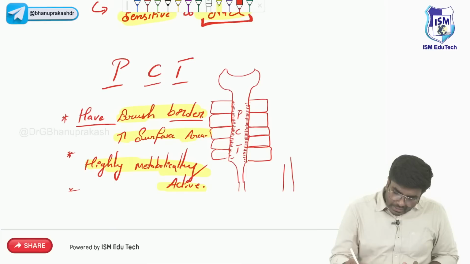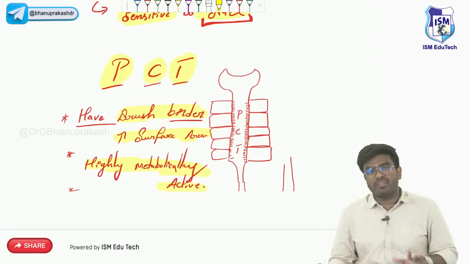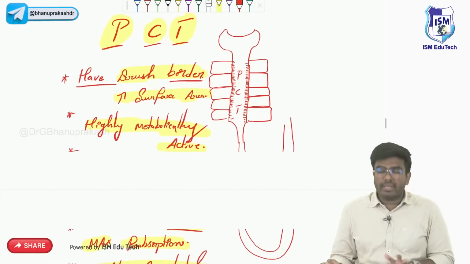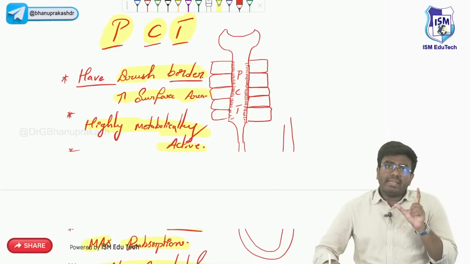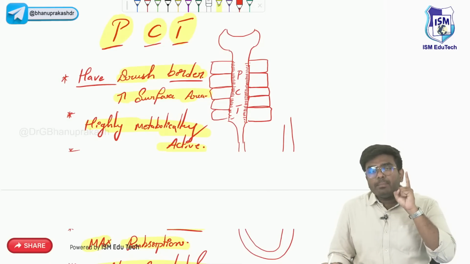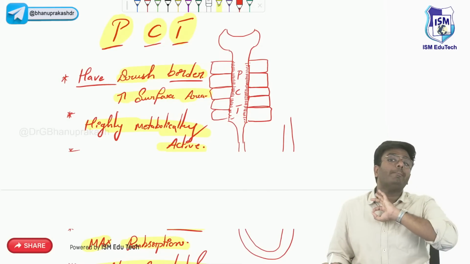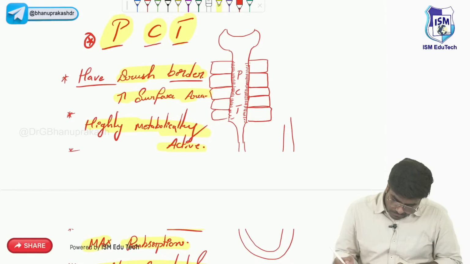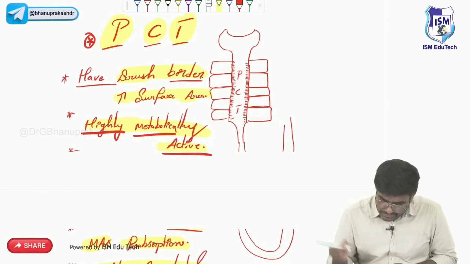Next, let's talk about the topics regarding the proximal convoluted tubule, the first part of the nephron. What should you know regarding this? In the entire nephron, the one important part doing the maximum work is the proximal convoluted tubule. It is highly metabolically active.